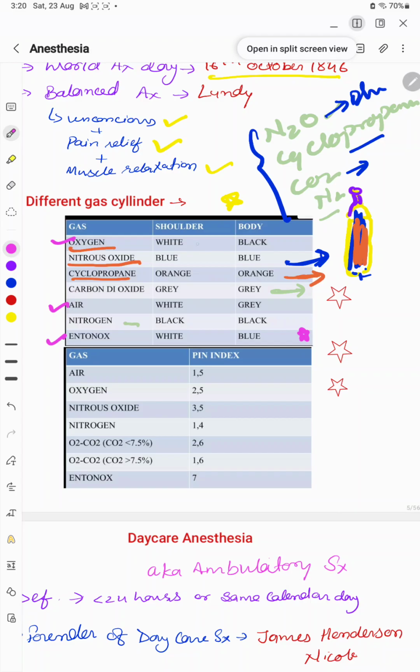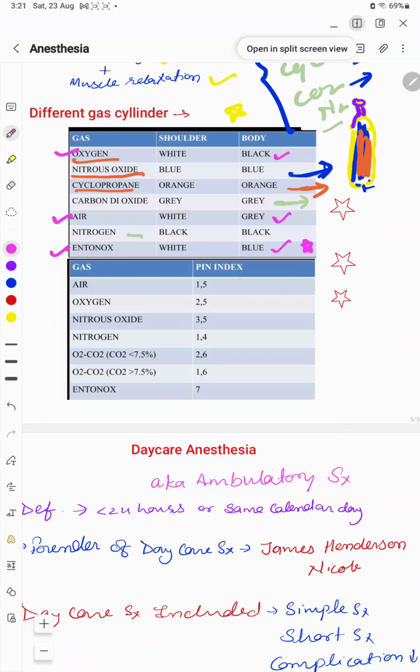Only the body is different, but the shoulder is the same color, white. So you need to differentiate by body color. Oxygen is black body, air is gray body, and Entonox is blue body, and their shoulder is white. So you can differentiate by this.